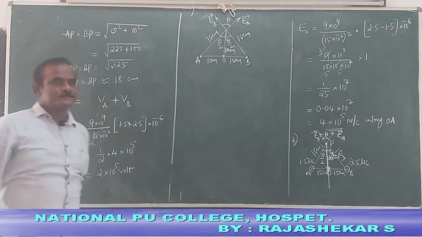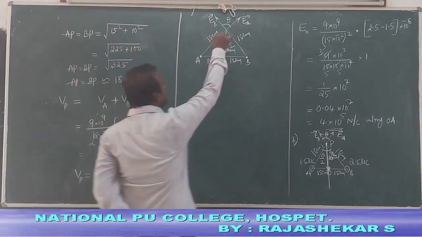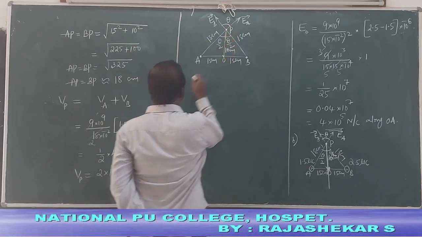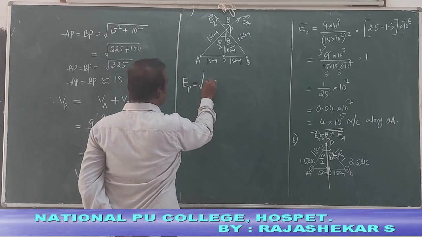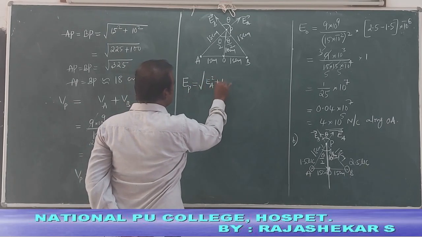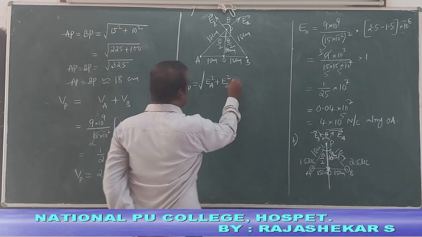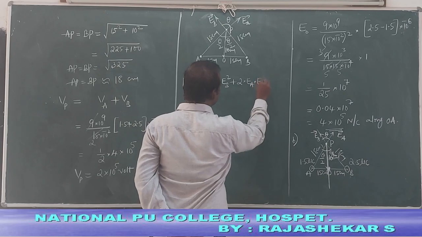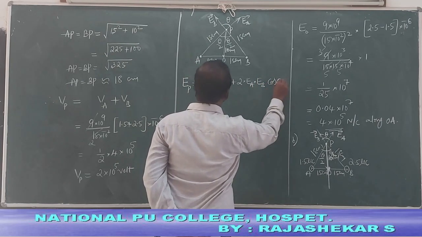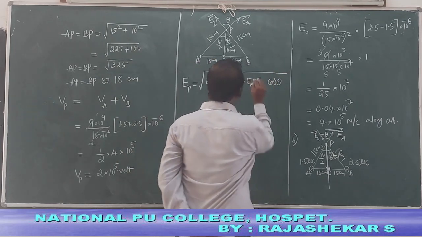Well students, to find field at point P, the general formula is square root of EA square plus EB square plus 2 into EA into EB into cos theta. This is a general formula we all know.